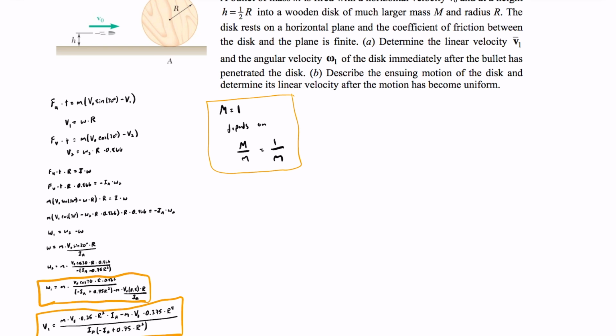And then you get omega 2 equals mass times v naught cosine 30 times R times 0.866 divided by negative I_A minus 0.75 R squared.